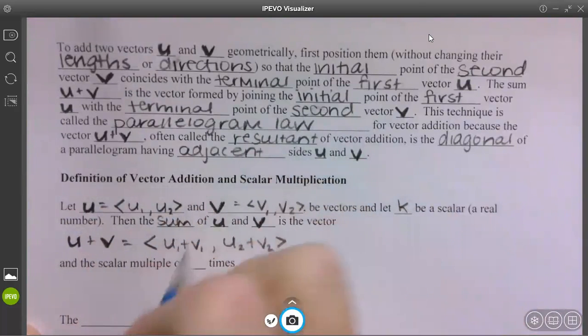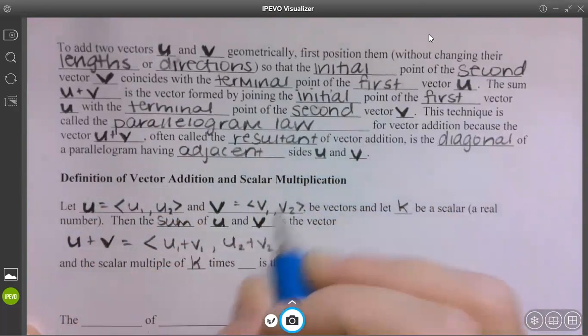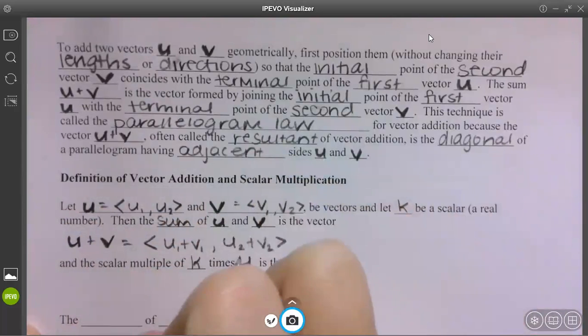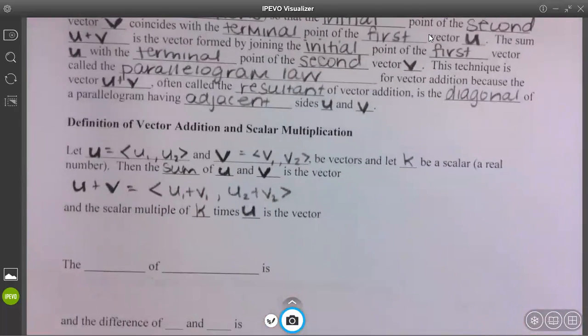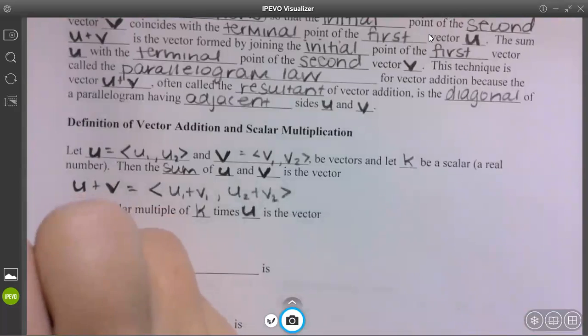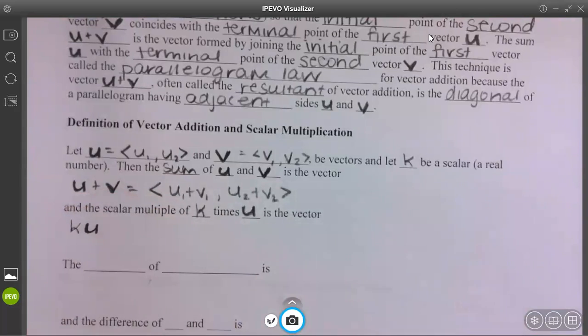And the scalar multiple k times u is the vector ku.